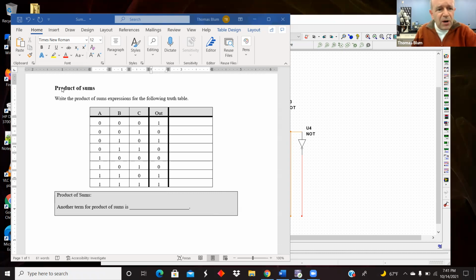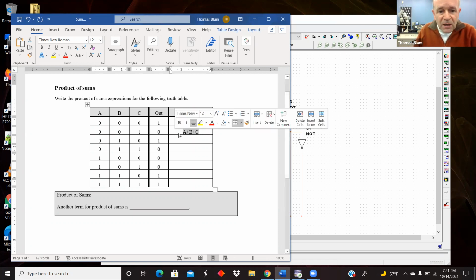And in the product of sums approach, you focus on the outputs which are zeros, and you are going to write a sum expression, and the analog of sum is ORing. So somehow we're going to make an expression which is A plus B plus C. Now I'm going to do a little bit more, but let me copy that in.